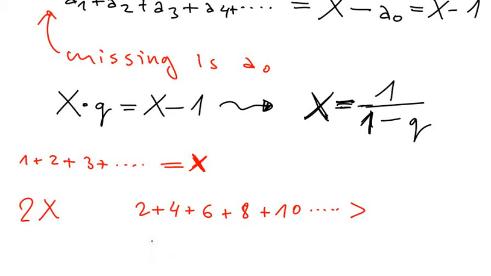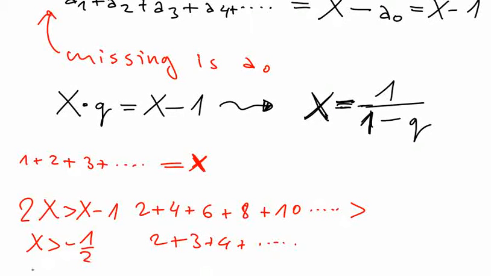So this is definitely larger than 2 plus 3 plus 4 and so on. So this is definitely larger than x minus 1, meaning that x is larger than minus 1/2.